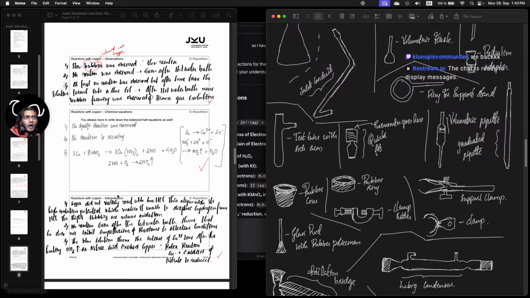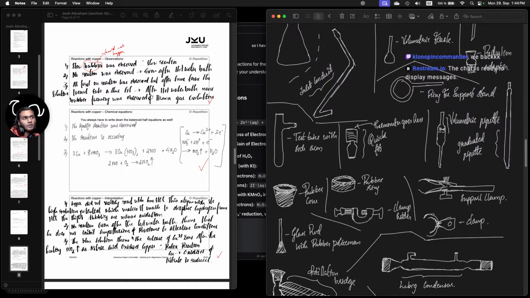Copper did not visibly react with concentrated HCl. This aligns with its high reduction potential, which makes it unable to displace hydrogen from HCl. The slight bubbling is a minor oxidation.